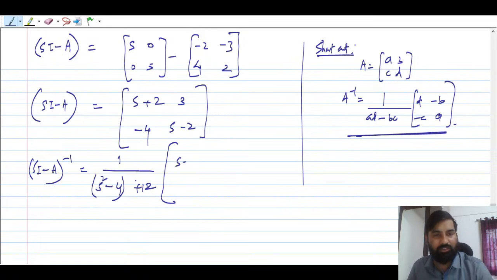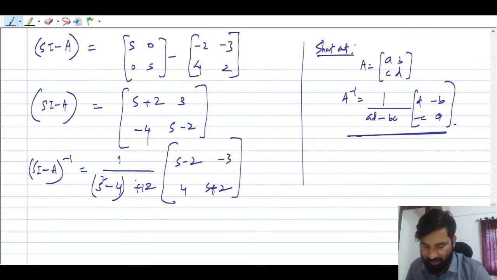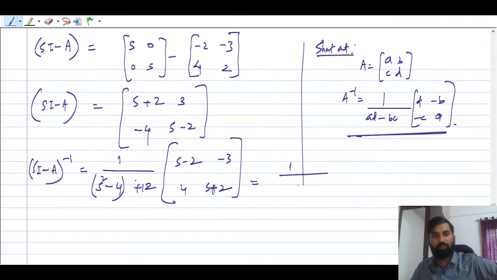Then you interchange, putting s minus 2 and s plus 2 on the diagonal, and here minus 3 and 4. This is the inverse that you have got, and you have to remember this. You can further write this as 1 upon (s square plus 8) times the matrix s minus 2, minus 3, 4, s plus 2.